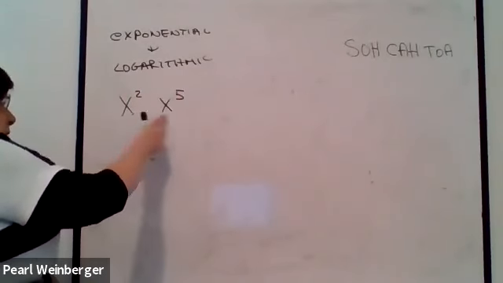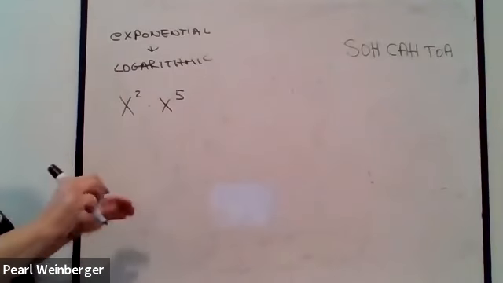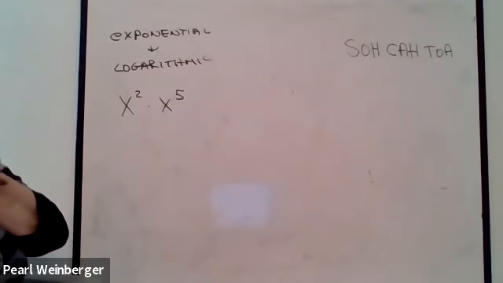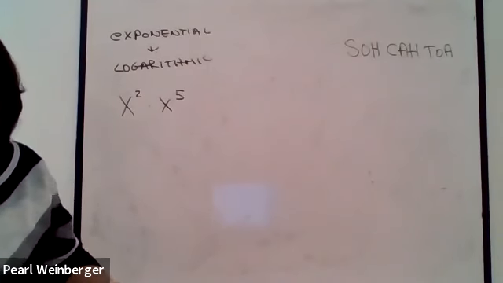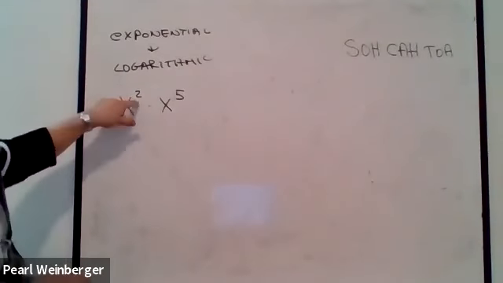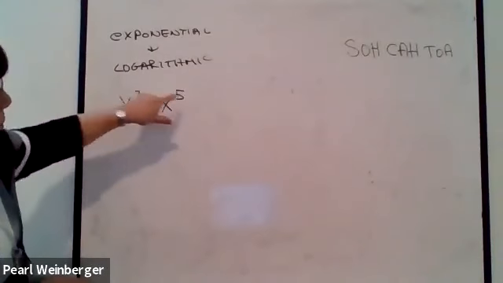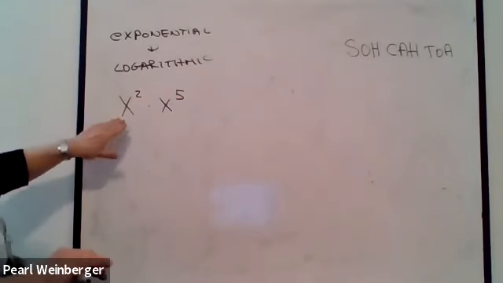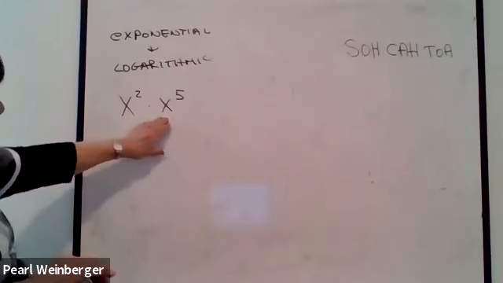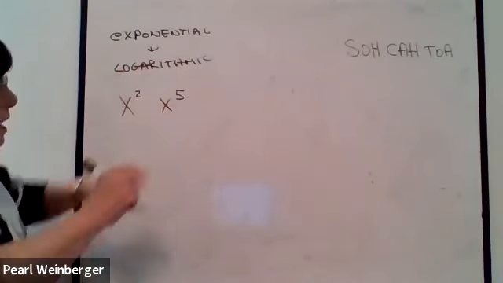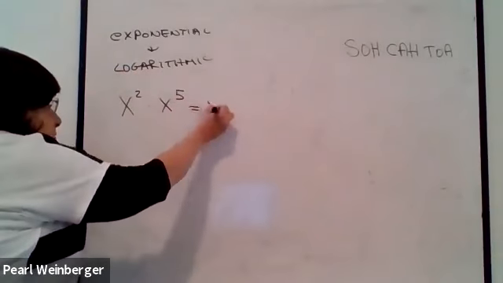The number that has the exponent is called the base. These are called the powers or the exponents. Rule number 1 is when you're multiplying two numbers that have the same base, you add the exponents. So this would be x to the 7th.